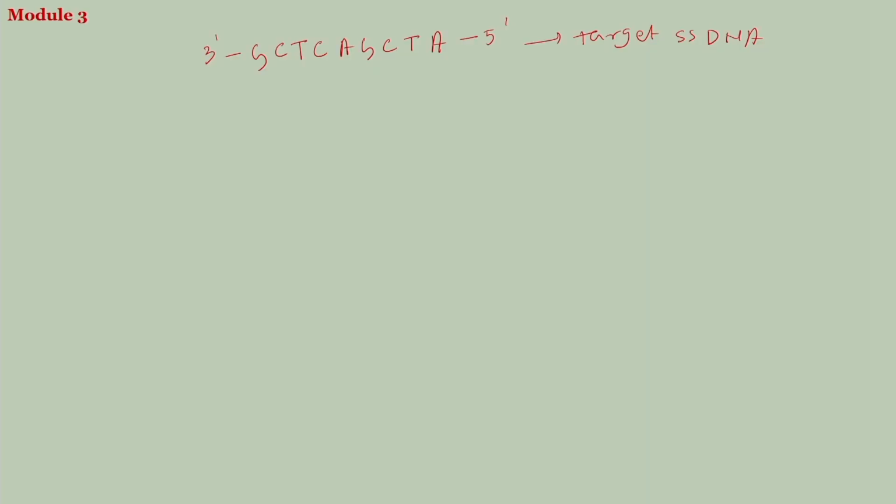Now, obviously, such short oligonucleotides cannot be sequenced using Sanger's method. Usually longer target DNA is used for sequencing using Sanger's method.